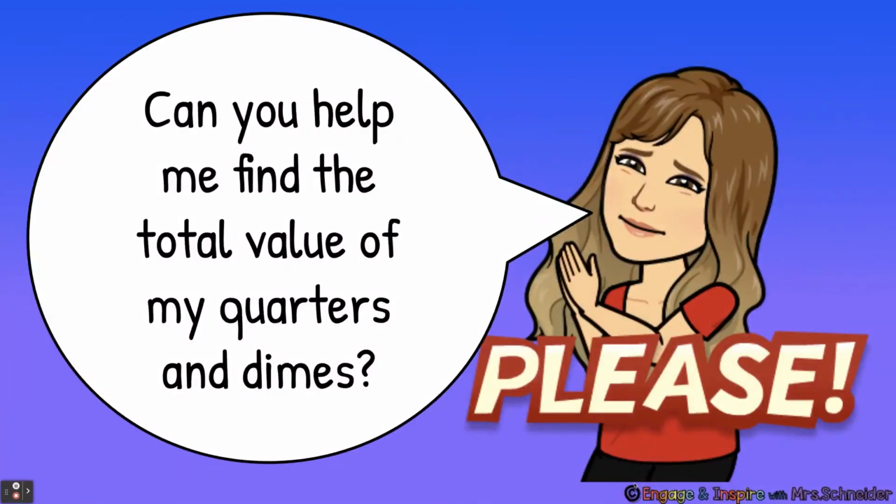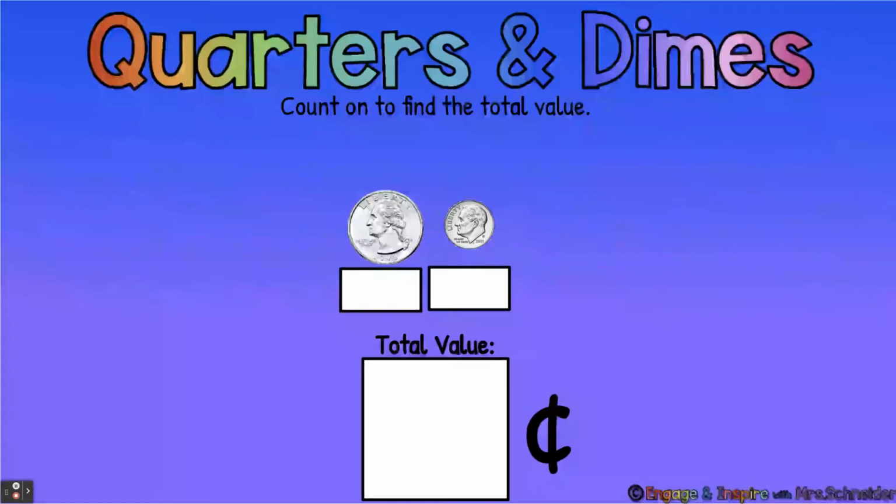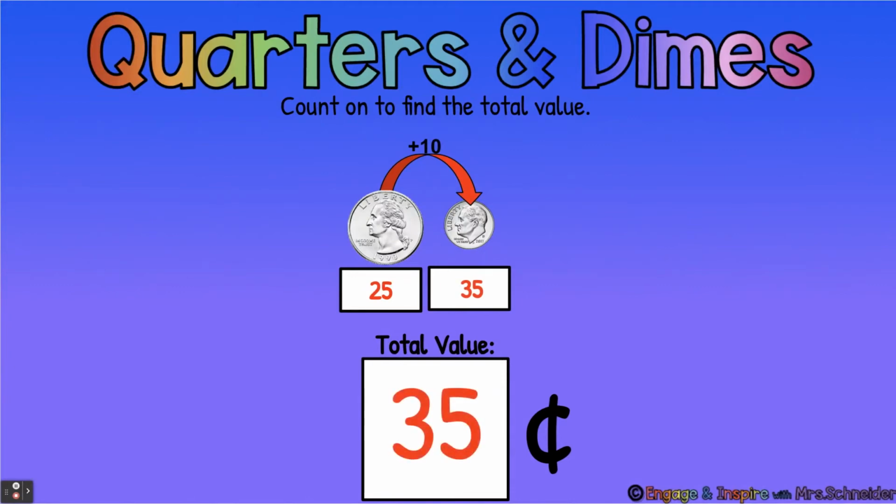Can you help me find the total value of my quarters and dimes, please? Here we go. Do you remember? We just did this answer. 1 quarter is 25. We're going to add 10, and so that's going to be what? 35. Good job. 25 plus 10 is 35. So the total value of a quarter and a dime is 35 cents.